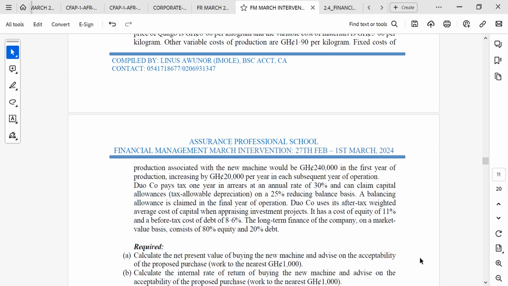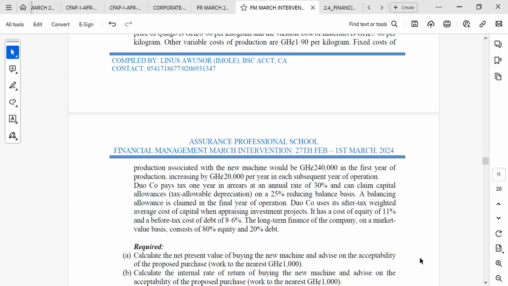And then the debt will be 8% minus the tax, times 20 over 100, which gives us the cost of the debt. The two give us our cost of capital, the WACC.